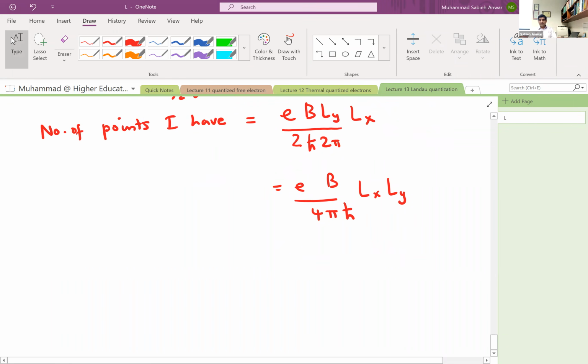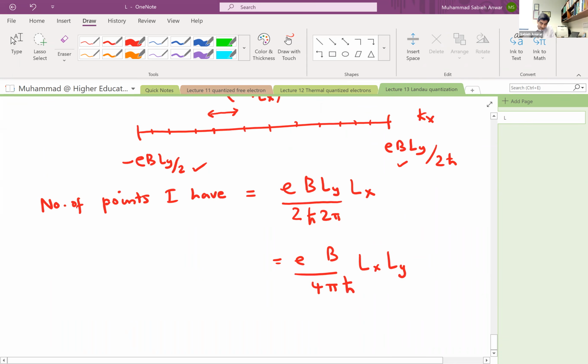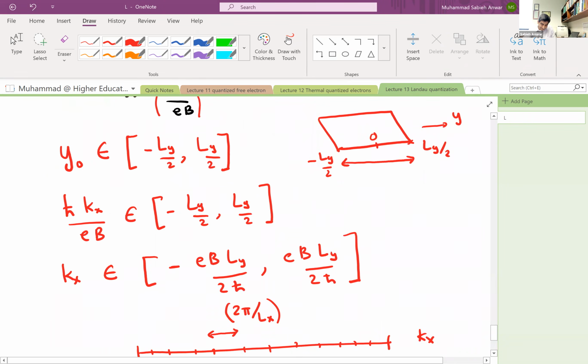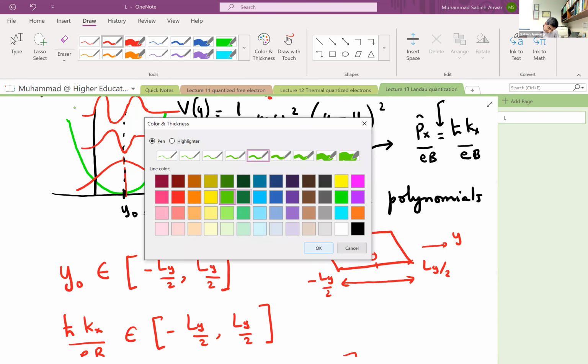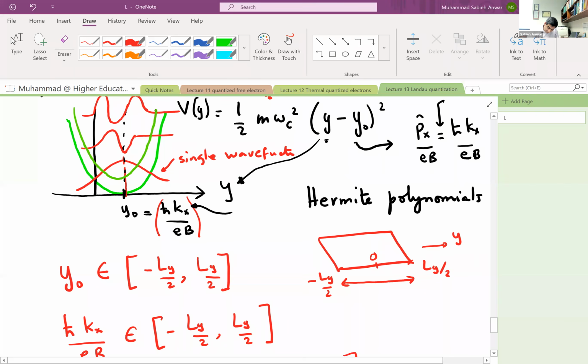All right. So this is the total number of points in the K space that I have corresponding to one Landau level. Now, why one Landau level? Because we're talking about a single wave function here. For the next wave function, we'll have a higher value of L. So we just focus our attention on a fixed value of L at a fixed magnetic field.